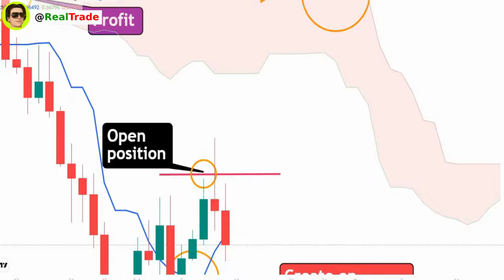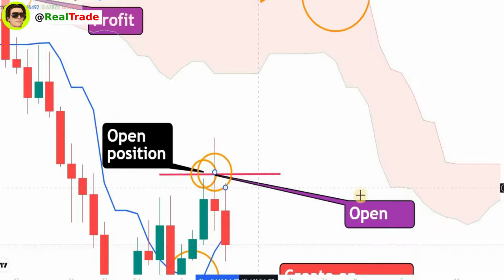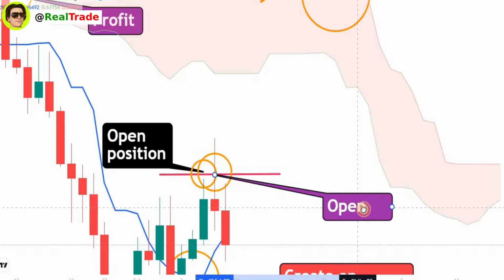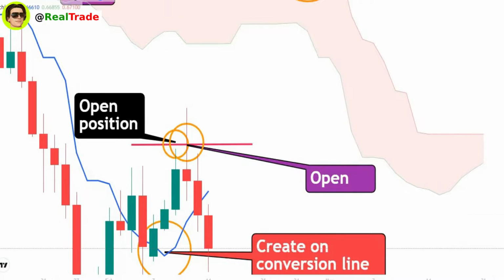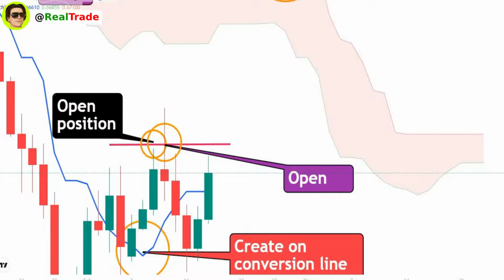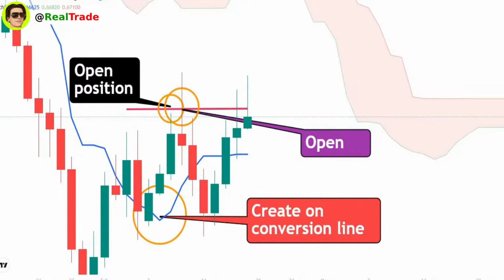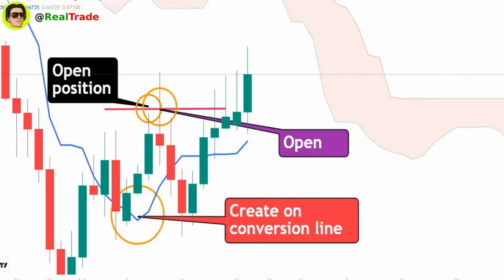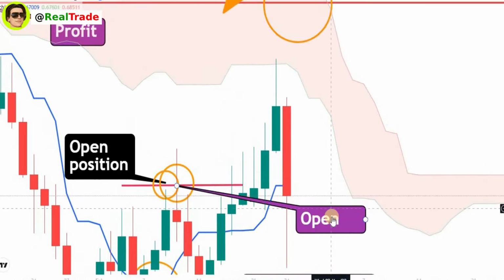Yes, this candle, open position. Continue. Look at the chart.